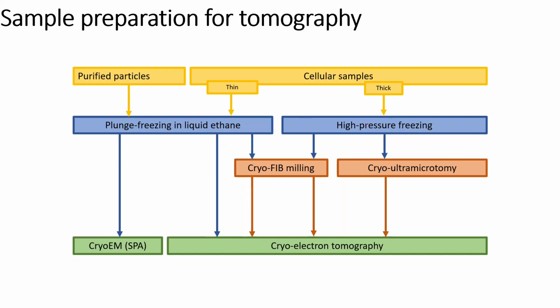We need to use high pressure freezing that we already discussed in the sample preparation lectures. And these high pressure frozen cellular samples, we can further cryo-FIB mill to make them thinner, or use cryo-ultramicrotomy for thinning the sample. We will get a sample that's thin enough for the further cryo-electron tomography.